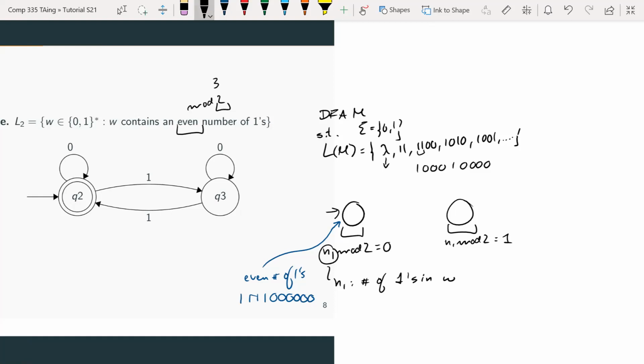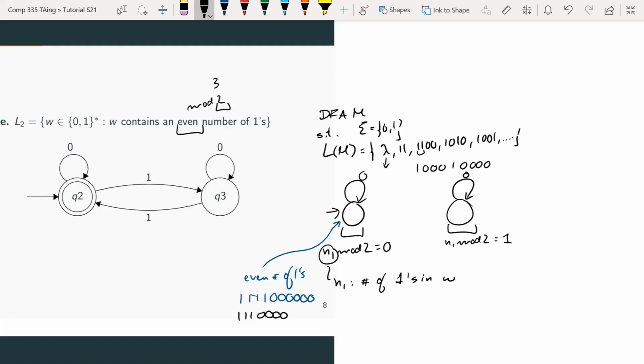So I can just loop and stay at the initial state if I read zeros, okay? And the same thing applies for this state. If the number of ones mod 2 is 1, so I have an odd number of ones, let's say I have 1, 1, 1, then any number of zeros is not going to affect that modularity. It's not going to change the fact that it's odd. So I can also stay at that state if I'm reading zeros.